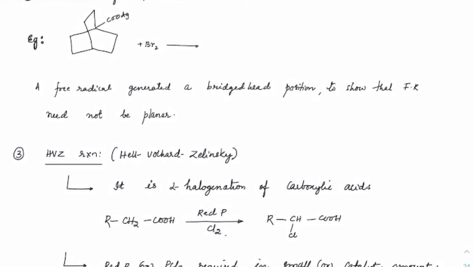Generally we don't see a carbocation or carbanion forming there, but here in the Hunsdiecker reaction you will actually see the product formation. We can get this product as Br, plus AgBr plus CO2, right? So this definitely tells us that when it comes to a free radical, it doesn't have to be planar.